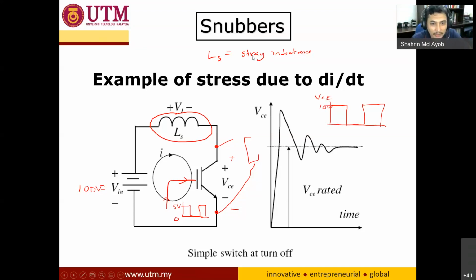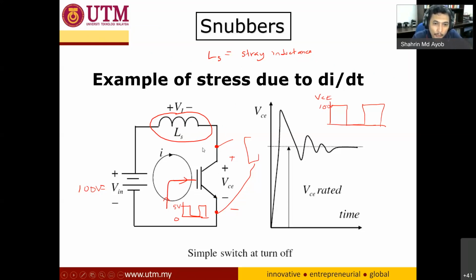And this stray inductance will affect the operation of the whole circuit, especially the transistors. You know that inductance is an energy storage element. So when this transistor is turned on, a current will flow here and this inductor will store some energy.